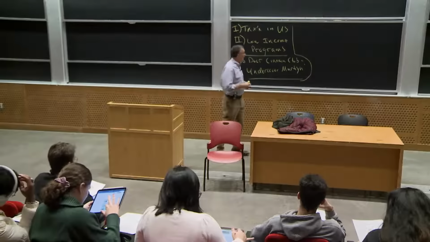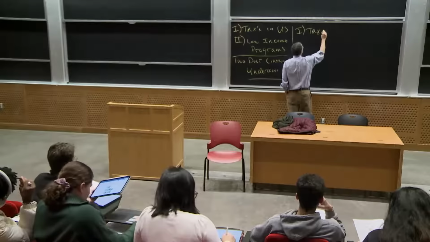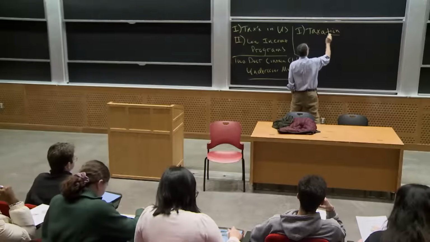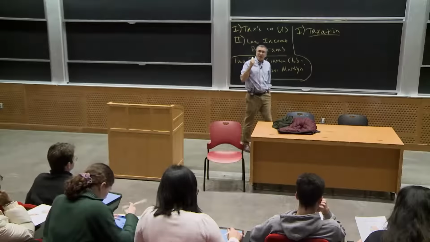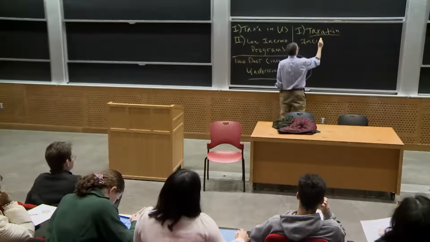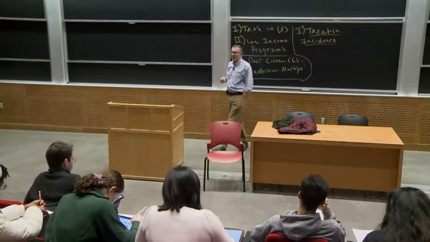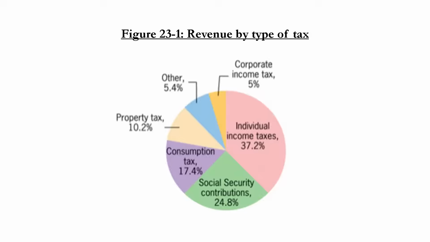Because to understand the answer, when we talk about taxation, we need to think about the fairness of the whole tax system, or what we call in economics, the incidence of taxes. Who actually bears the tax? And it turns out this chart is very misleading.